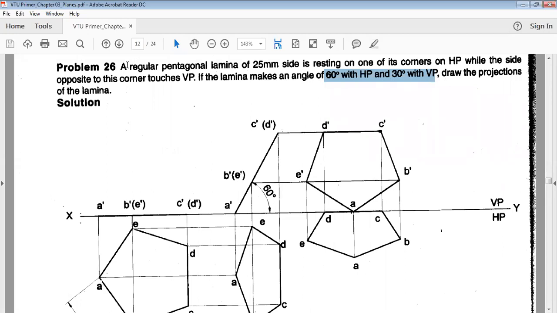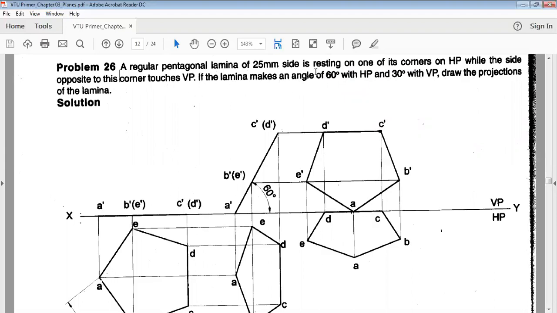Just look here. A regular pentagonal lamina 25 mm side is resting on one of its corners on HP, that is A, while the side opposite to the corner touches VP. If the lamina makes angles of 60° with HP and 30° with VP, draw the projections of the lamina.